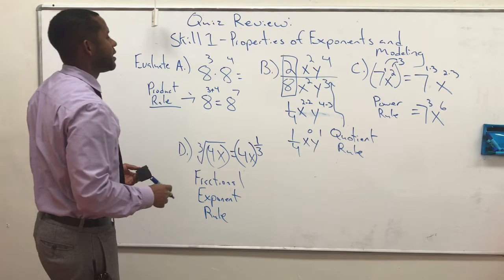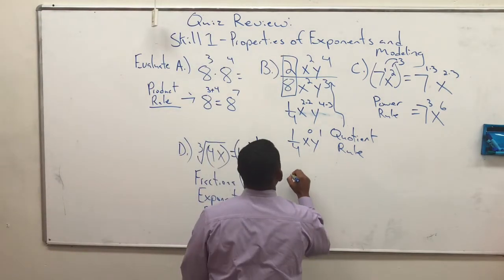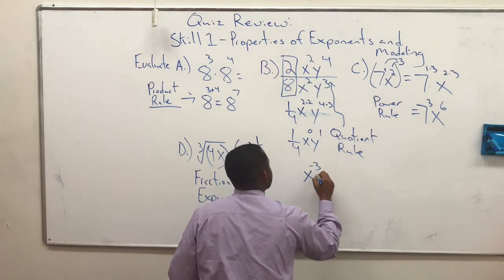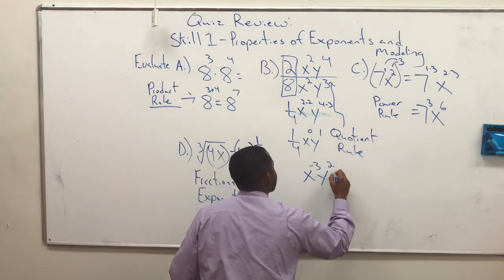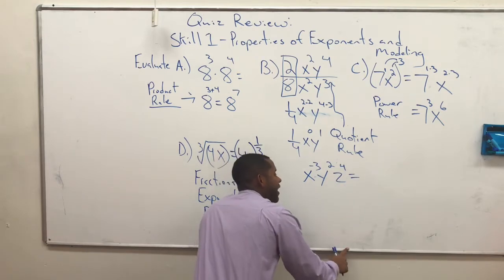And finally, there's a negative exponent rule. I'll write it right here. Let's say if I have x to the -3, y squared, z to the 4th, and I want to write this without negative exponents.